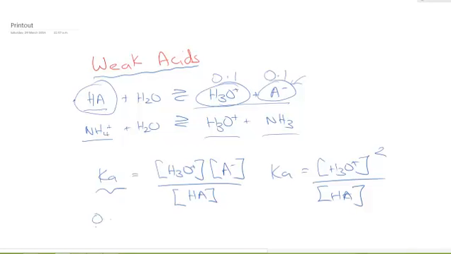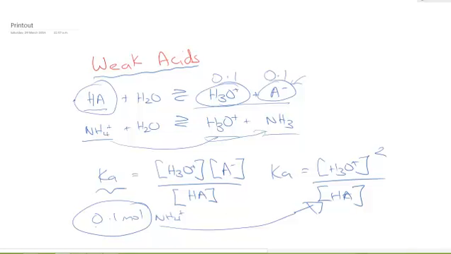So in the problem, if it says 0.1 mole of ammonium, for instance, which is a weak acid, we're going to use that 0.1 down here as being the concentration of the weak acid. That is not entirely true because some of the ammonium has been converted into the conjugate base here, but it's such a small amount that we consider it to be effectively the same concentration.